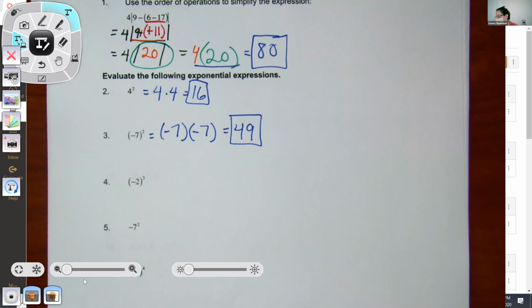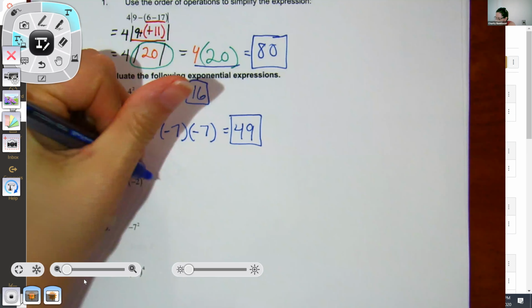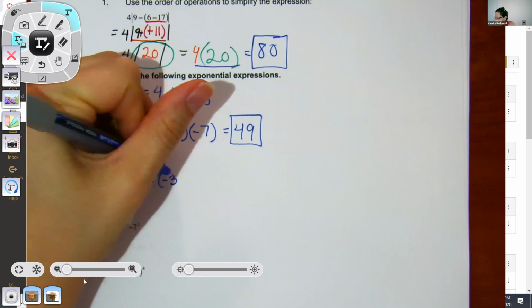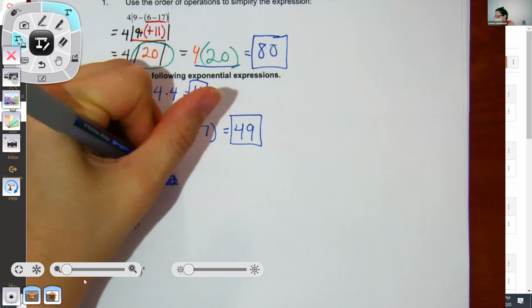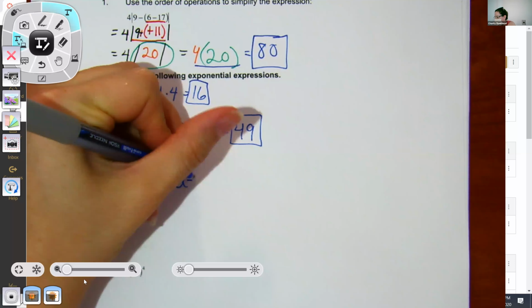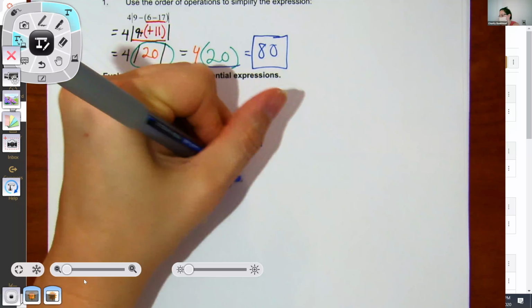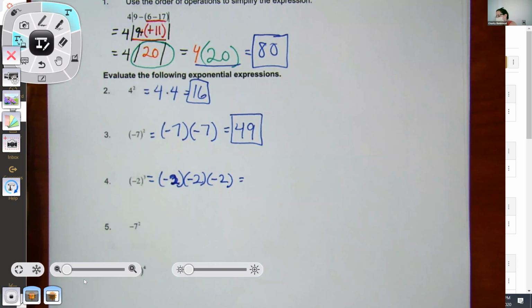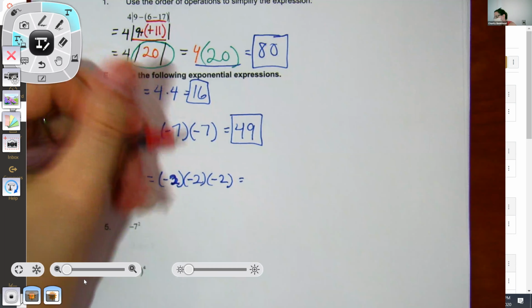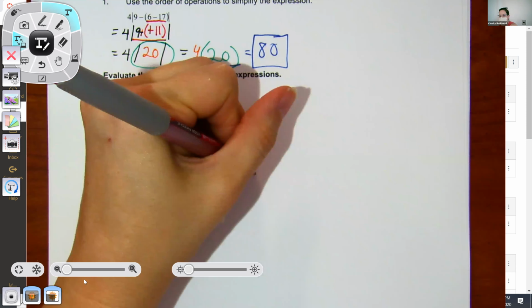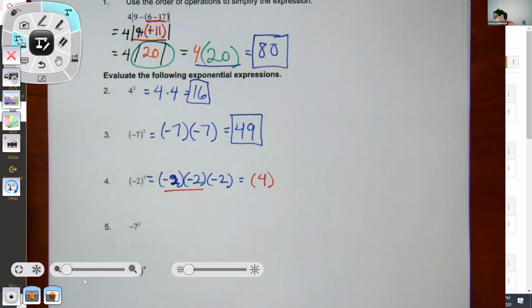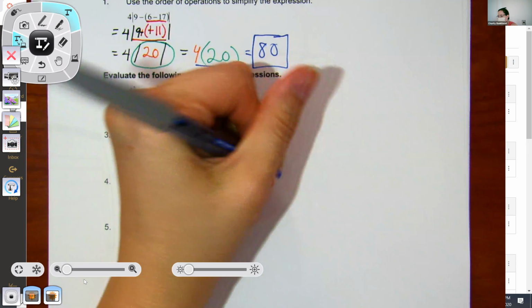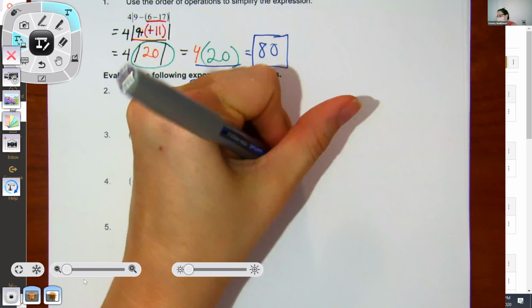Number 4 is negative 2 cubed. So negative 2 times negative 2 times negative 2. Negative 2 times negative 2 would equal positive 4. So it's positive 4 multiplied by negative 2, which is going to equal negative 8.